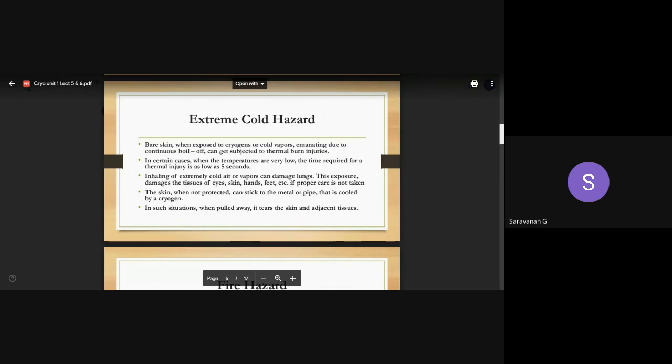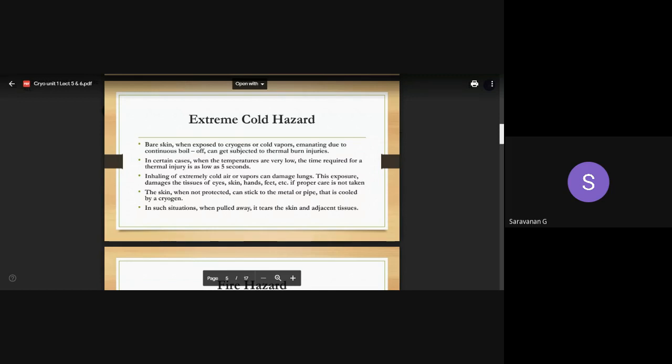They can directly damage the surface of the human body. Therefore, very proper care has to be taken while handling these cryogenic fluids. When the skin is not protected, it can stick to a metal pipe that is cooled by a cryogen.